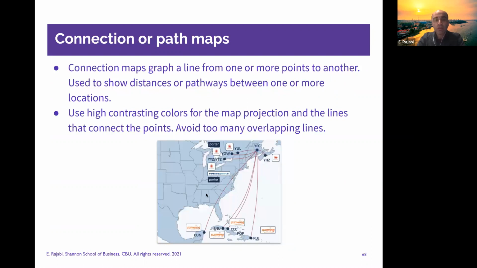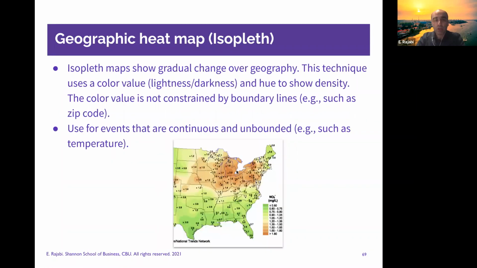Another type of map is the path map or connection map, when we want to show the lines between different points or distances from different points. Sometimes we don't have any borders or boundaries in our map.